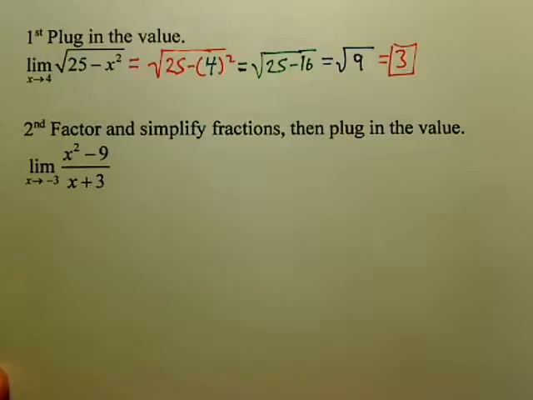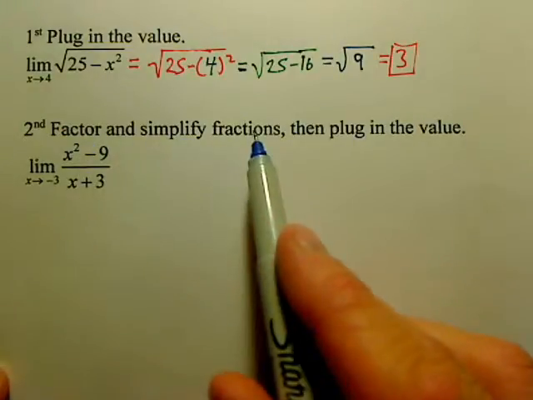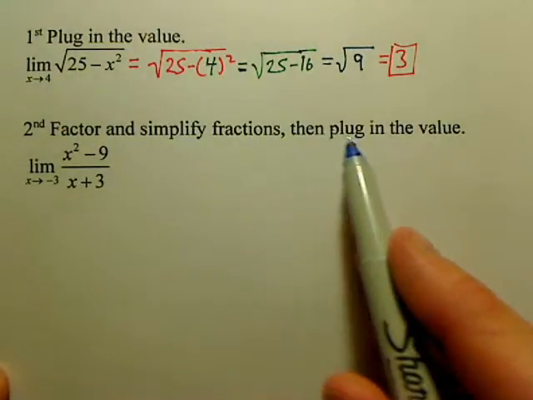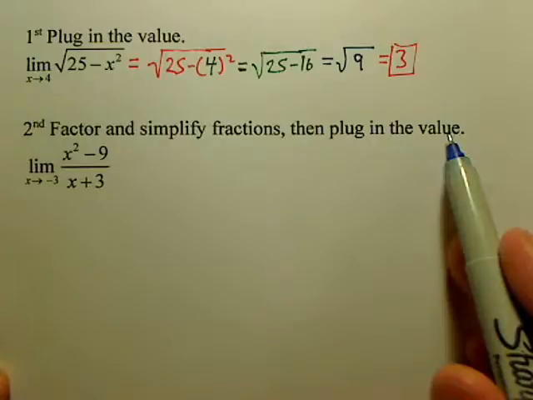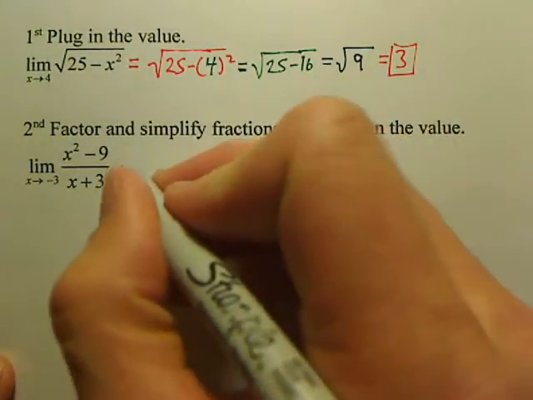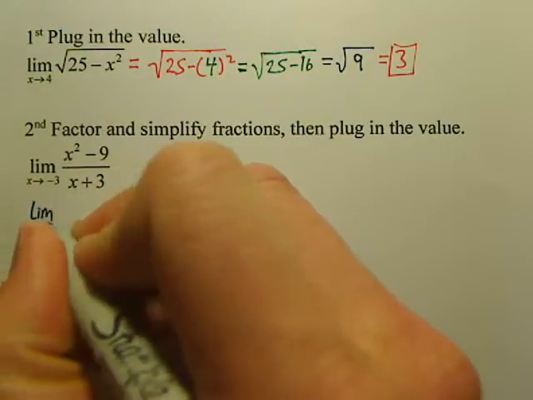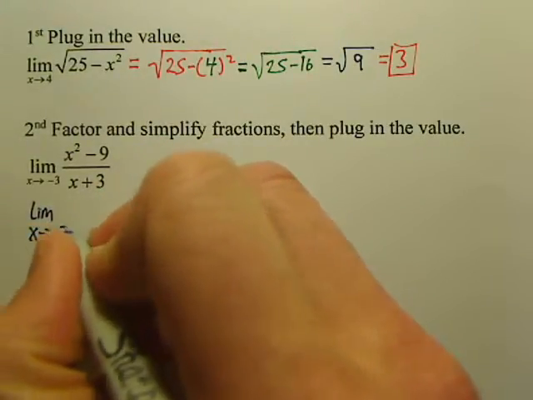So let's do it when it's not just plug it in. The second thing we do is factor and simplify fractions, then plug in the value. So let's try to factor and simplify this. All right, so what I'm going to do here is rewrite limit as x approaches -3.